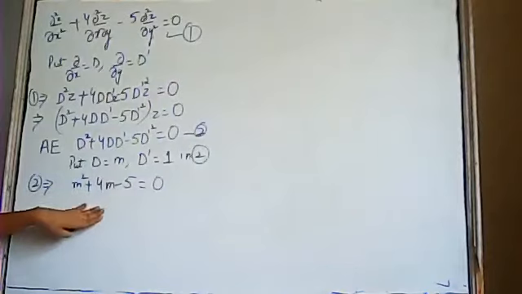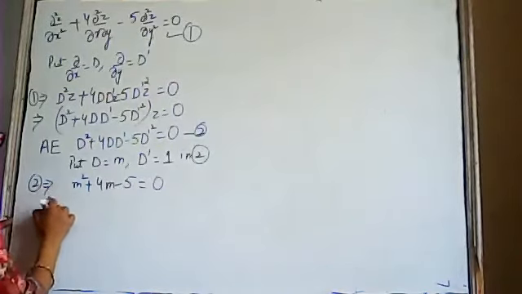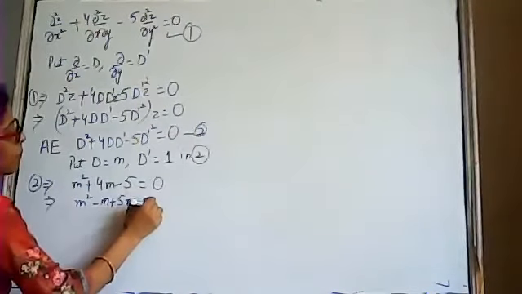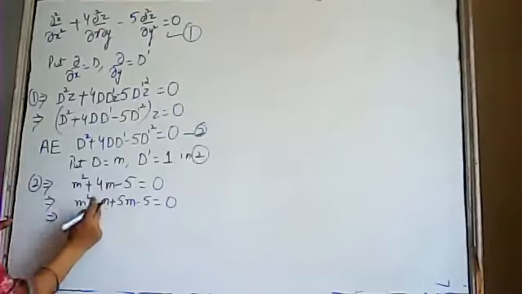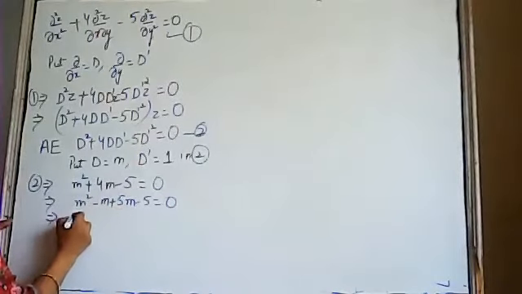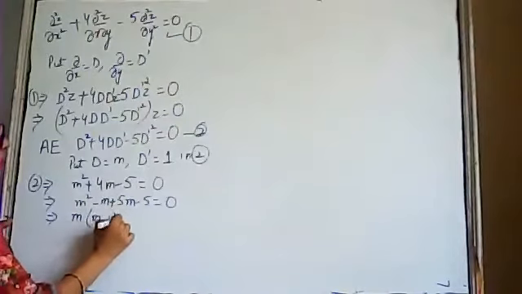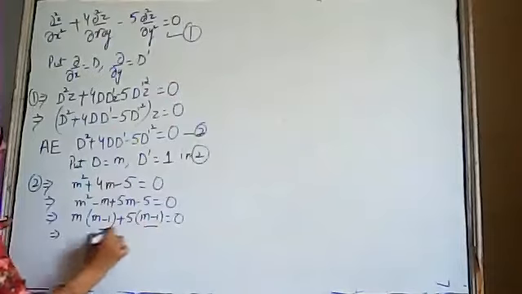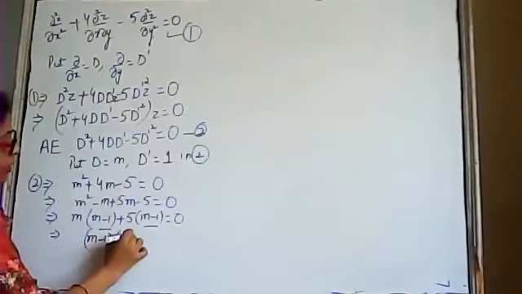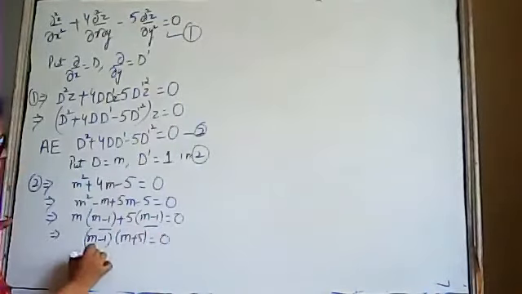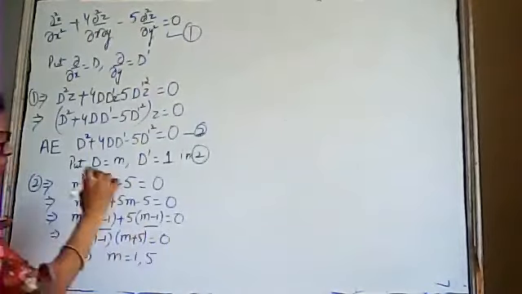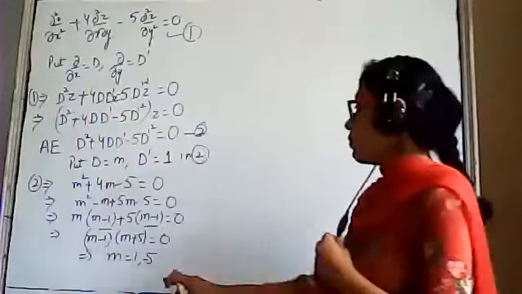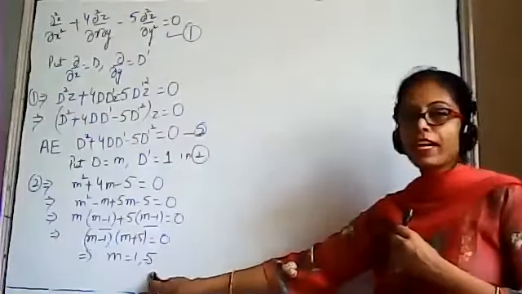Solving it: m² − m + 5m − 5 = 0. m is common: m(m − 1) + 5(m − 1) = 0. M minus 1 is again common: (m − 1)(m + 5) = 0, which implies m is equal to 1 and −5. So we got two roots: one is 1 and the second is −5.